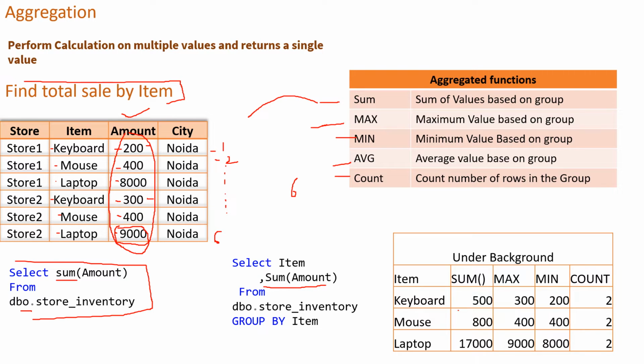It will return 500. So keyboard is grouped into a single value, and in the second step aggregation is performed on the amount column and it will add 200 and 300 and result in a single value, 500. Keep in mind, aggregation will be performed on the numerical column.